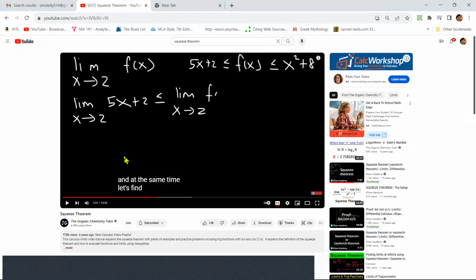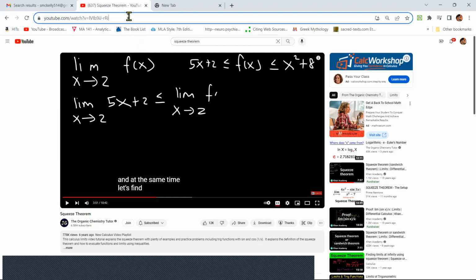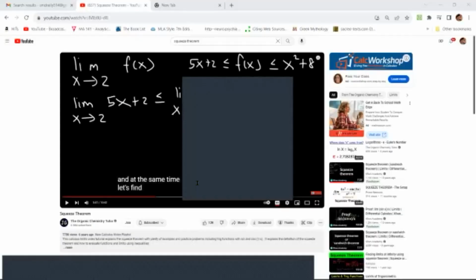So if I have, he wrote this: limit as x approaches 2 of f of x, if 5x plus 2 is less than f of x, which is less than or equal to x squared plus 8. So here's what he said. I'm going to drop this in the chat for you to watch. There you go.